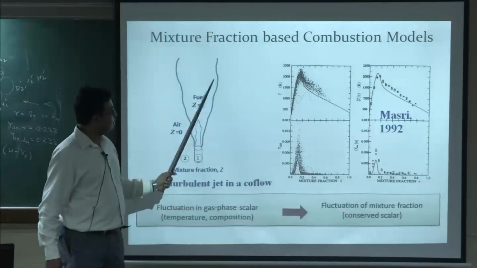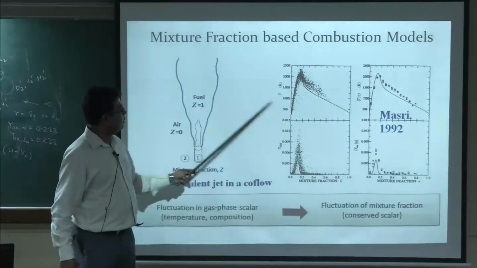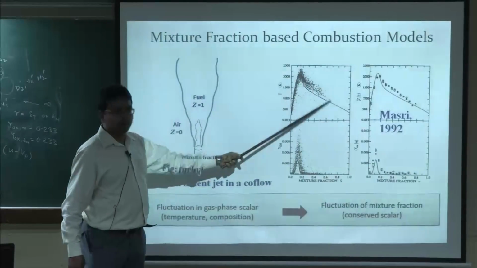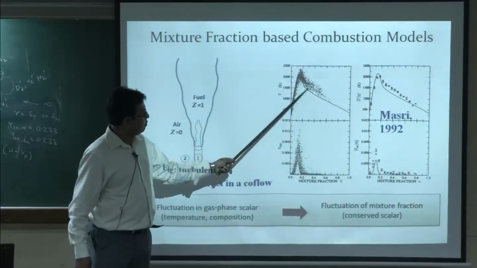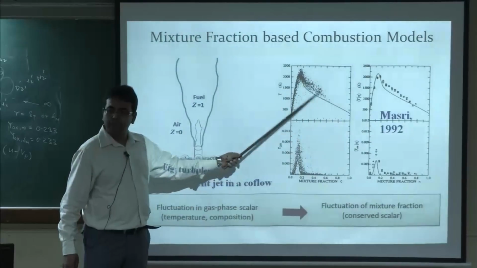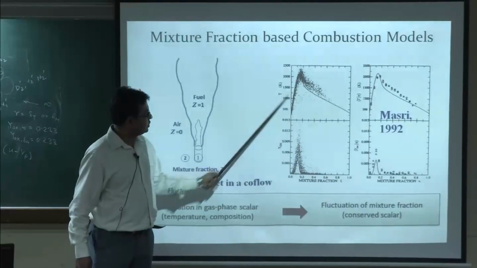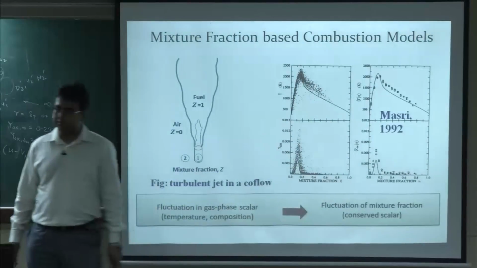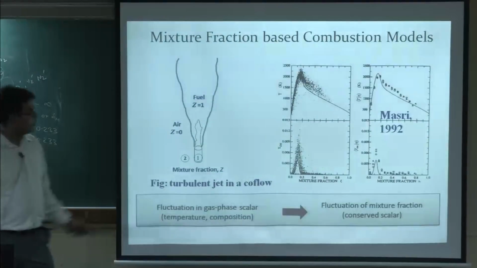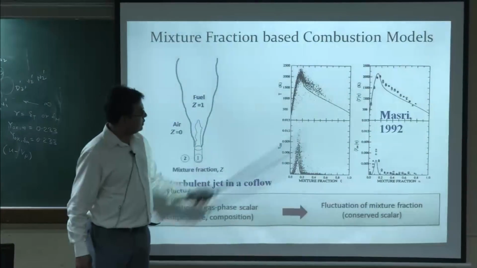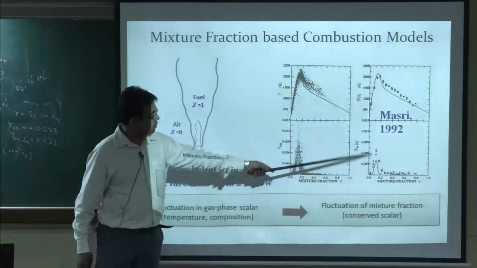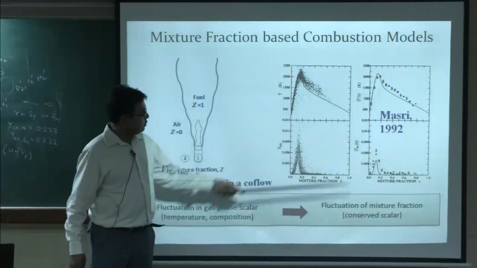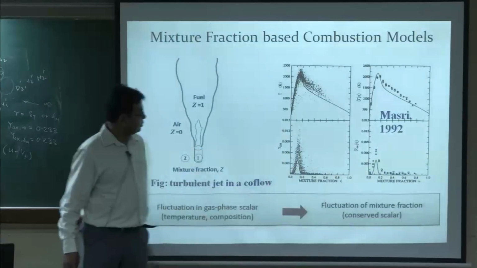If you measure instantaneously at different locations, you see a scatter plot like this. Now if you try to construct a fitted line through this, then this is basically the conditional average that we are getting. Okay. So this is the conditional average of temperature. Similarly, you can calculate the conditional average of the OH mass fractions also, and you see with the experiment how it behaves. Okay.